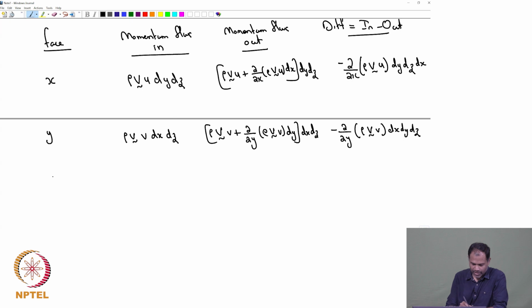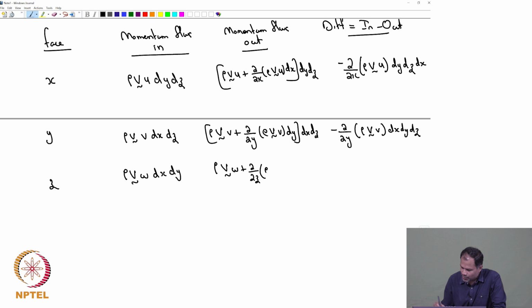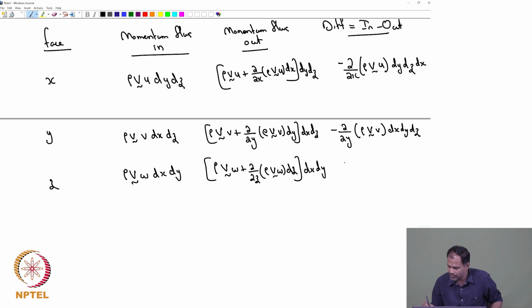In the z direction it is going to be rho v times w into dx dy, and out would be rho v w plus del by del z of rho v w dz times dx dy, and therefore the difference would be minus del by del z of rho v w dx dy dz.